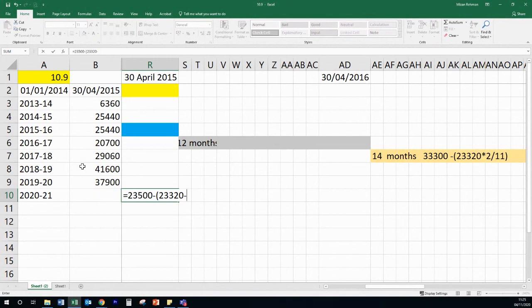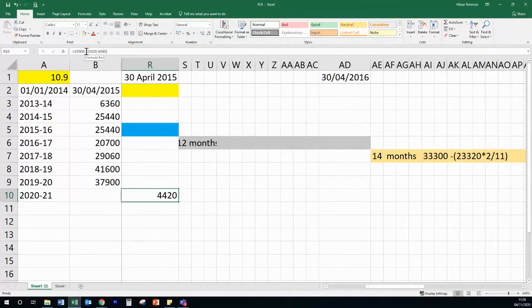We have already claimed some money, which is 4,240. So the difference would be 23,500 minus.